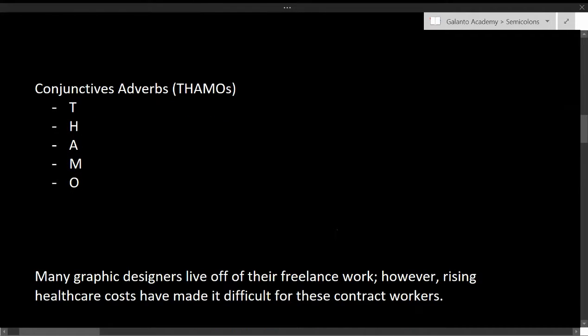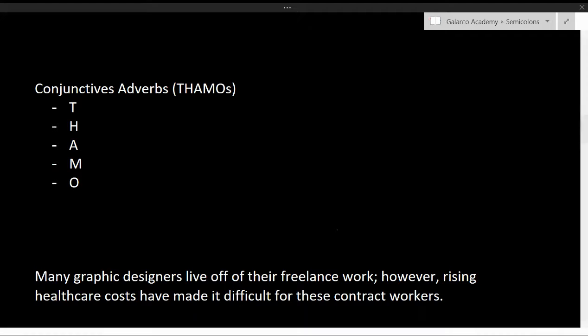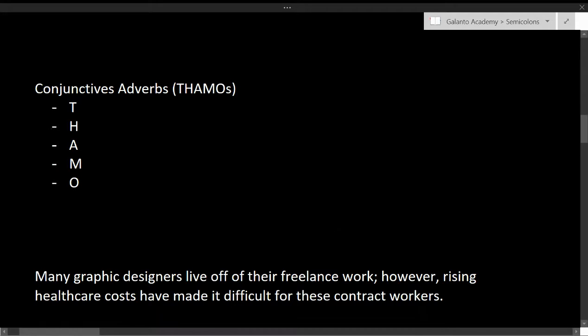Looking at the conjunctive adverbs, these are often used with semicolons. If you've never heard this phrase, conjunctive adverbs, totally fine. Let's just take a quick look at them. Sometimes people call them their themos to help them remember. It's important that it's themo; the S is plural on there, so we actually don't have an S down at the bottom here.